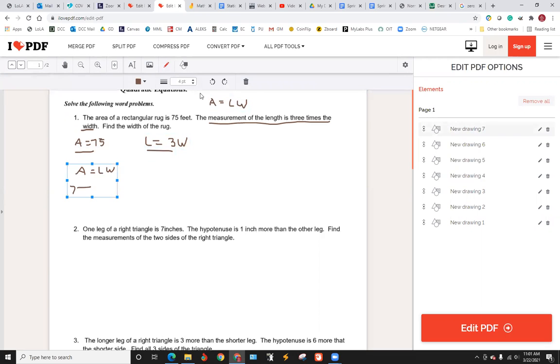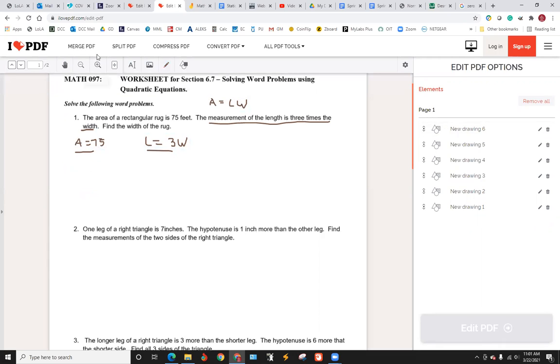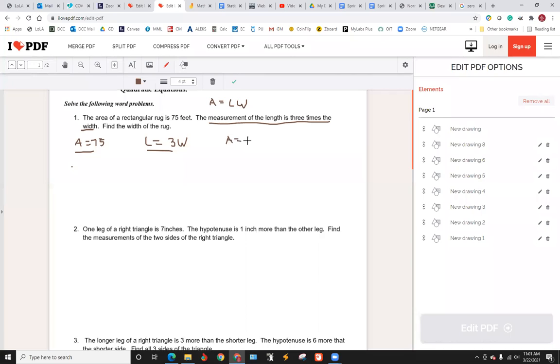I just don't have to start over. So A is equal to length times width. So we're going to come down here and we're going to put 75 for A. And then we're going to replace L with 3W. And there's already a W there, so we'll just put the parentheses to show that it's multiplying.